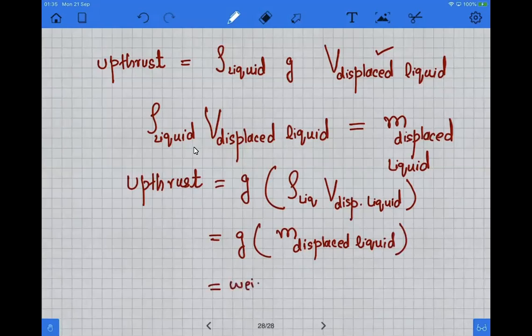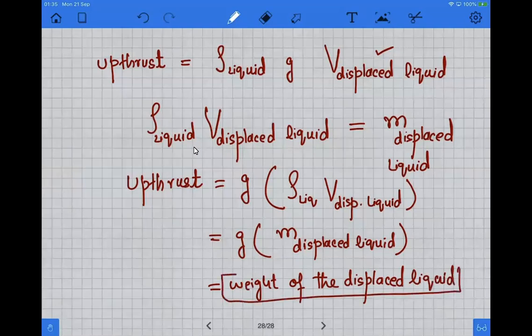So if we multiply mass of the displaced liquid with the acceleration due to gravity, this will give us the weight of the displaced liquid. So basically it is the weight of the displaced liquid that becomes the upthrust. So upthrust is equal to the weight of the displaced liquid.